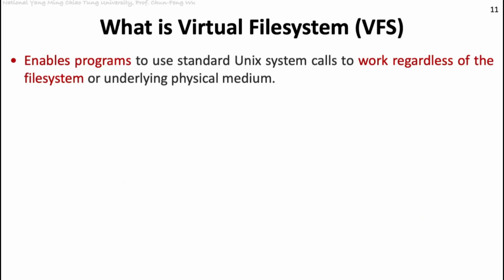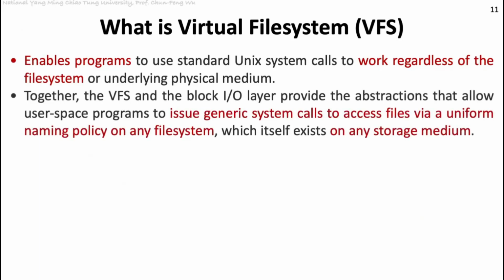Okay, so this is the reason why we are going to give you some brief knowledge about the virtual file system. Actually, the virtual file system and the block I/O layer are both abstraction layers.